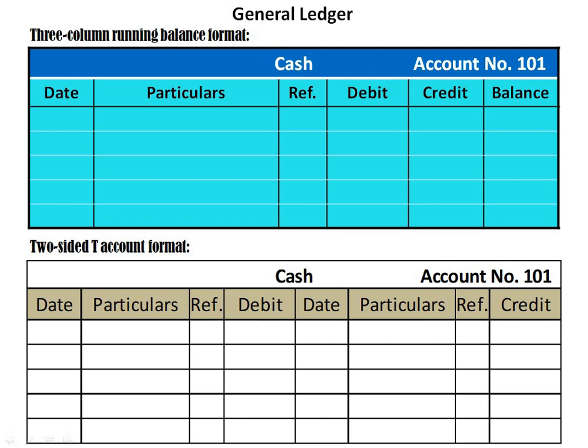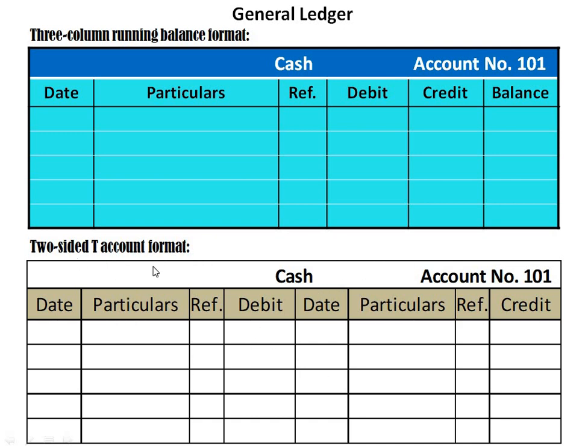Obviously, the advantage of the 3-column running balance format is that the balance of each account is updated after every posting of information because of this balance column. Nevertheless, for the purpose of illustration in this video series, I will be using this two-sided T-account format.